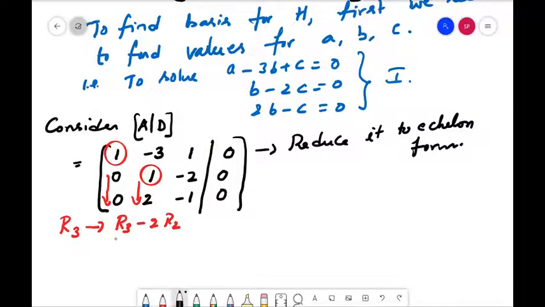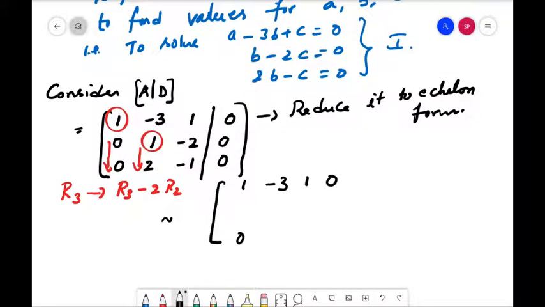So this matrix is transformed to 1 minus 3 1 0, and then 0 1 minus 2 0, and then 0 2 minus 2 will be 0, and minus 1 minus 2 into minus 2 is 4, minus 1 plus 4 is 3, and then 0 minus this is.